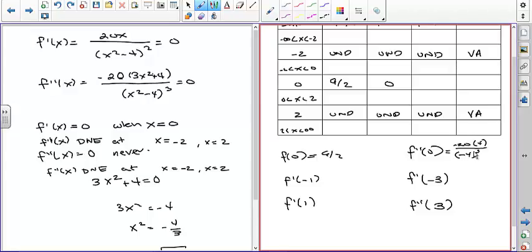Okay, let's try that. Negative 20 times 4 divided by negative 4 cubed. And I get 1.25. 1.25, that's positive, positive, positive, positive.